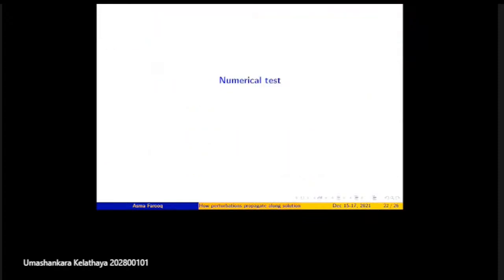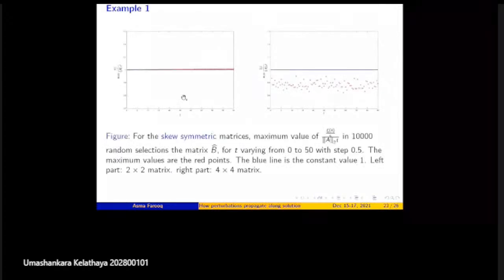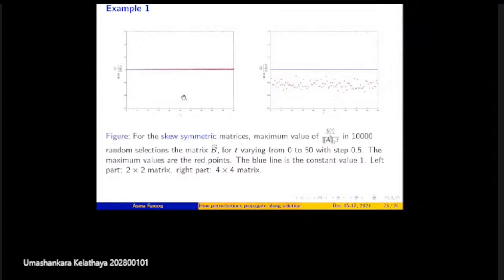Okay, now let's see a few numerical tests. In our first example, we consider a 2x2 skew symmetric matrix for our left plot and a 4x4 skew symmetric matrix for the right plot.